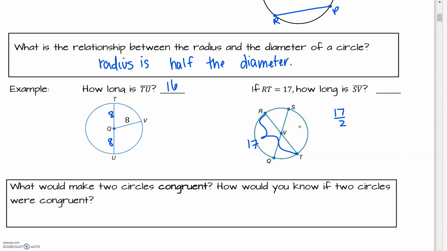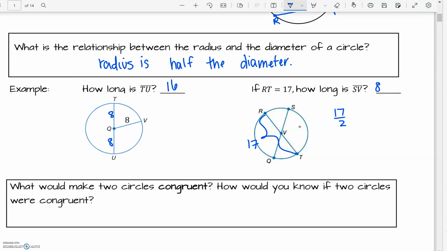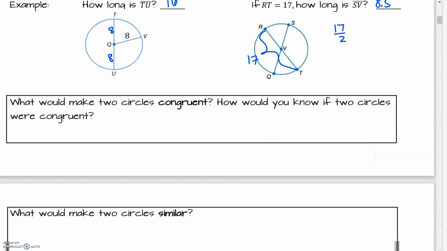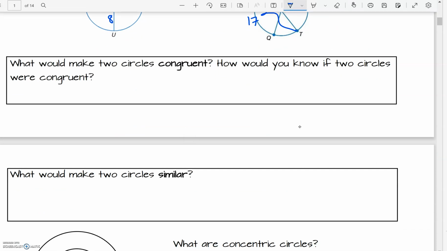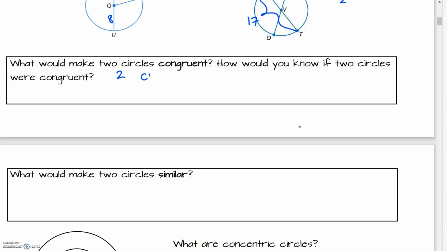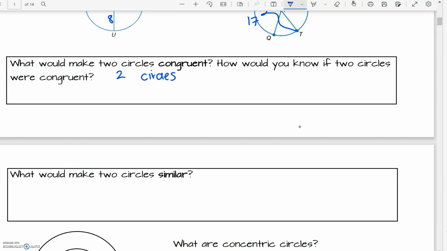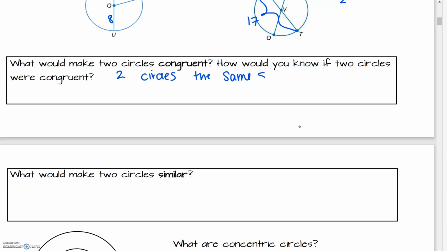What would make two circles congruent? Well, two circles that have the same size. And then the question is, how would you know if those two circles were congruent? You would know if they have the same radii.